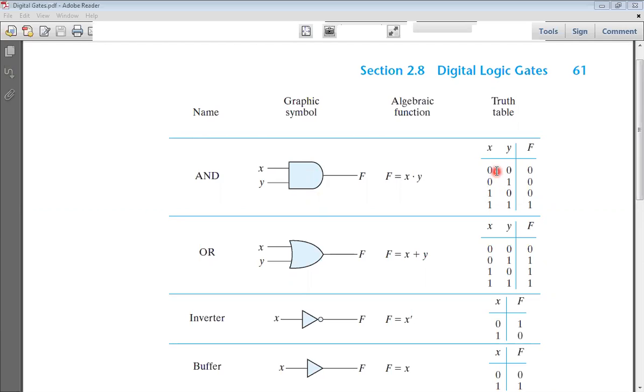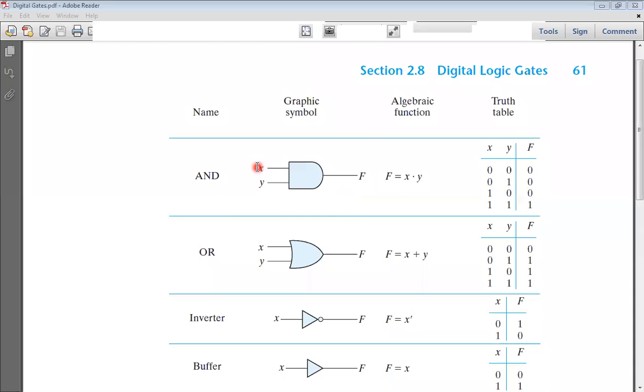The voltage range for low logic varies with technology. For now you may think of 0 as 0 volts and 1 as 5 volts. 0 means low, 1 means high.